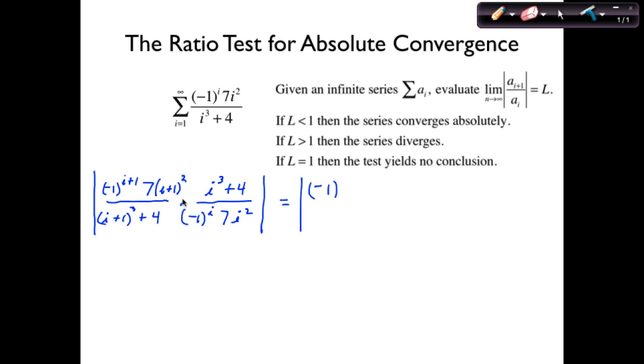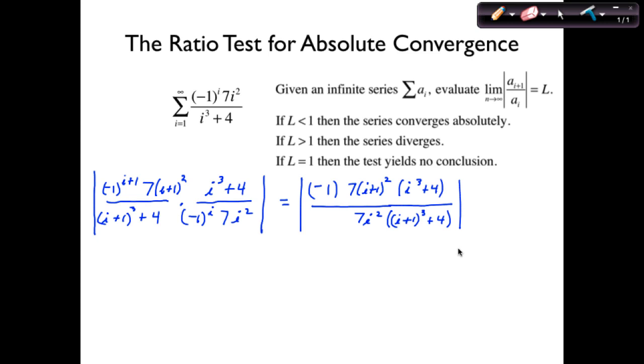And then we're going to look at 7(i+1)^2 over 7i^2. And i^3 + 4 over (i+1)^3 + 4. And we have to find the limit of this. Agree with what I wrote? Are we good? Everything look good?